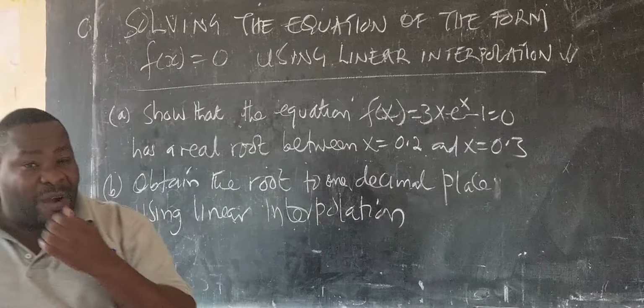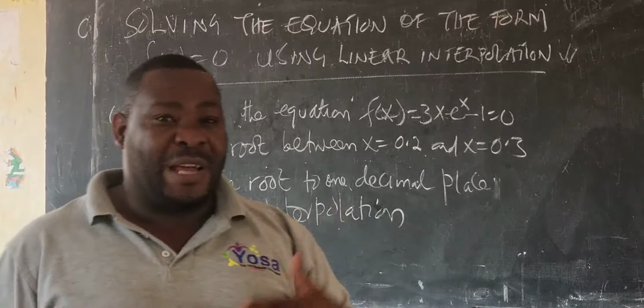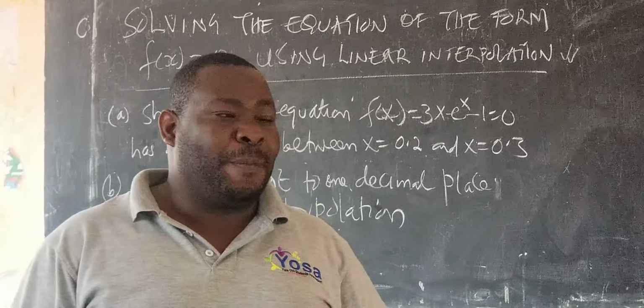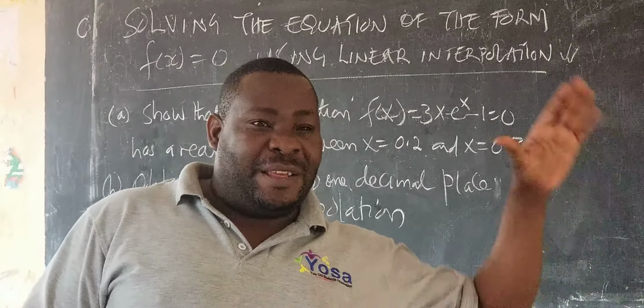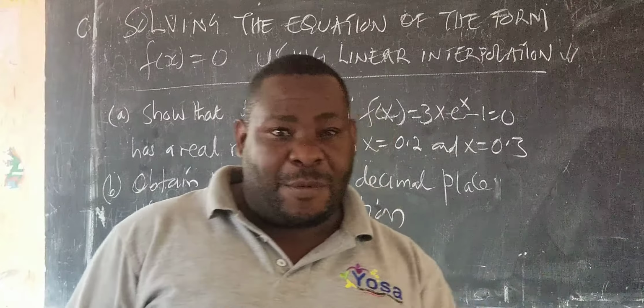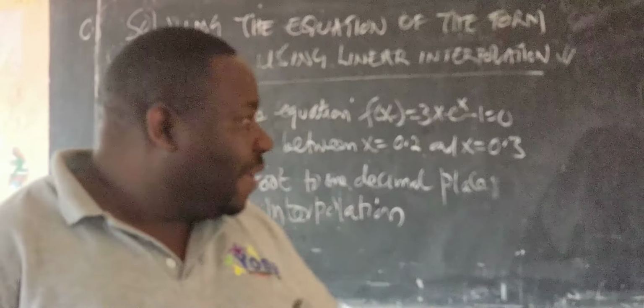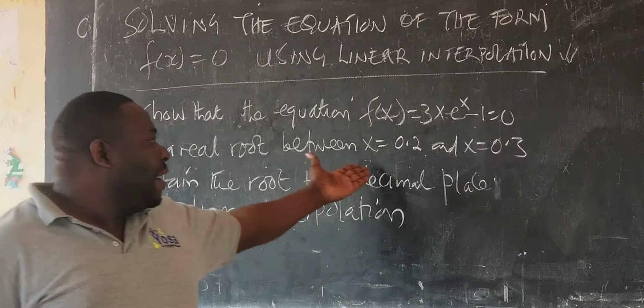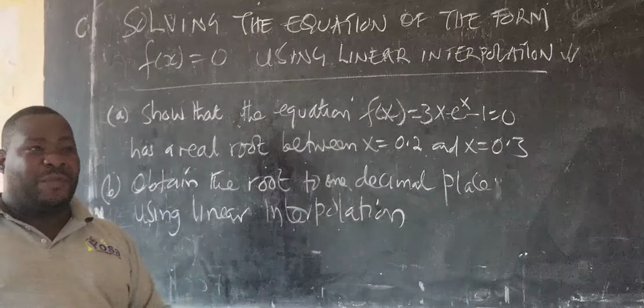There are two ways of showing that the equation has a real root within that interval. One of them is the graphical method. You can either use a single graph or a double graph to confirm that the equation has a real root within the interval. Then the other method is the change of sign method.